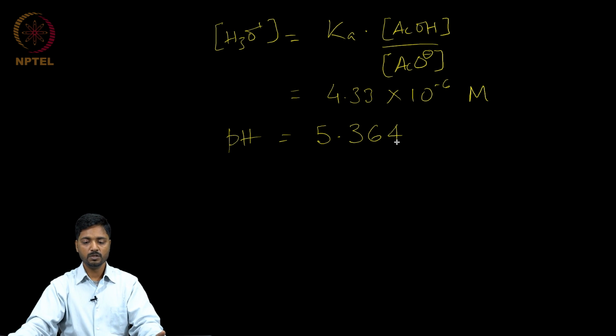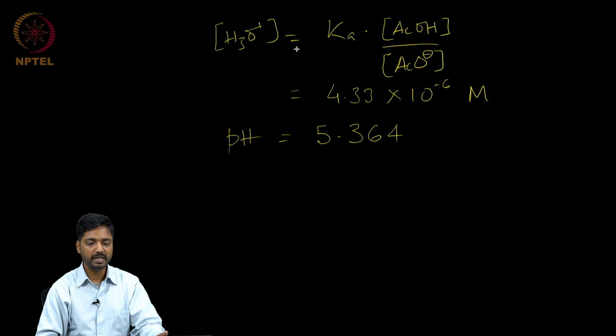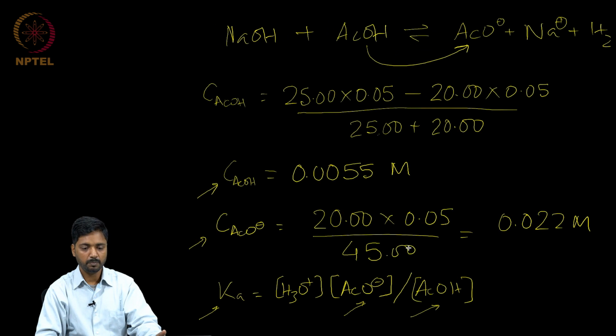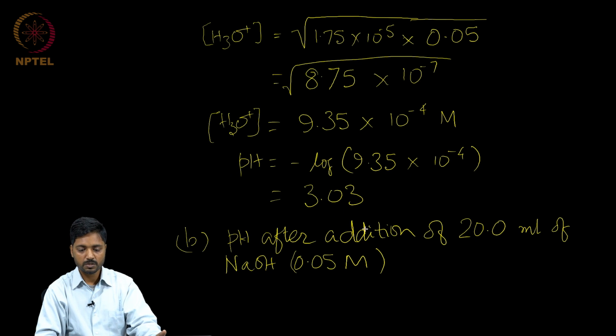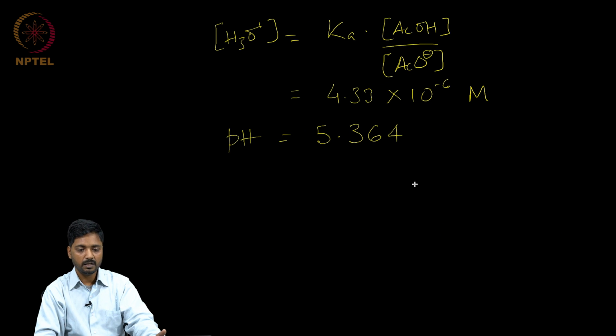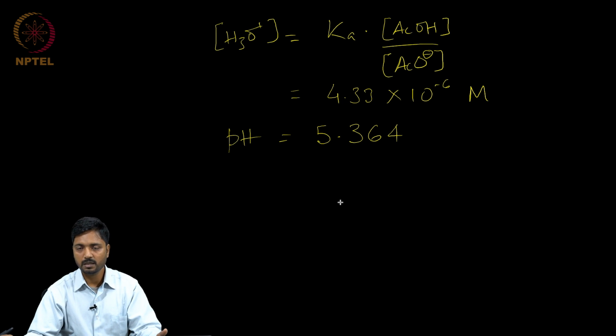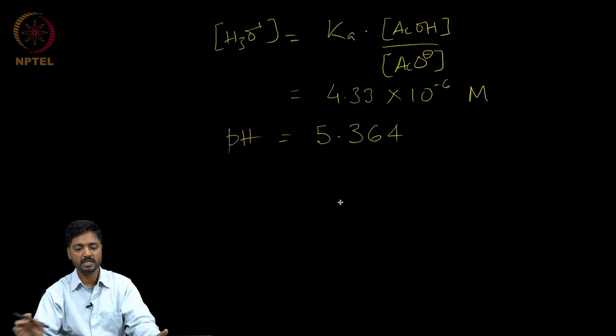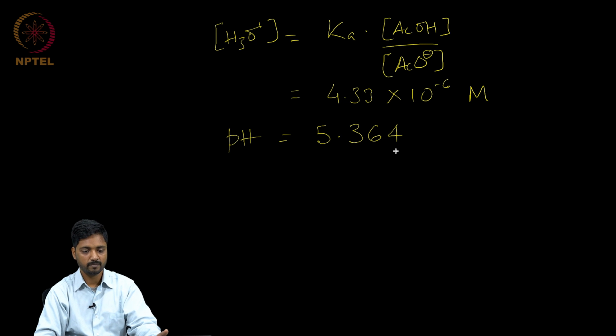5.364. So, at the beginning of titration the pH was 3.03, and even after incomplete addition of sodium hydroxide, the pH has already increased to 5.364.